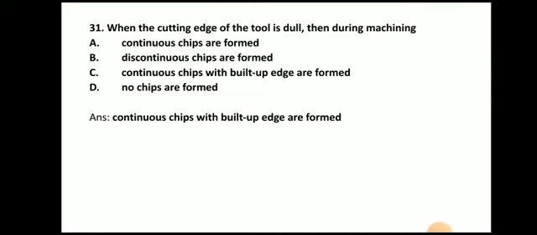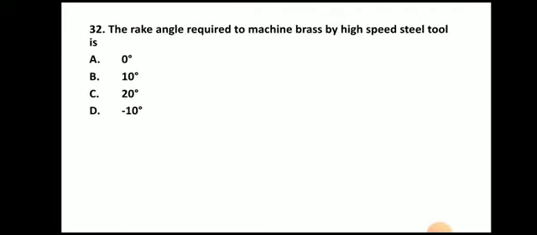Next question. The rake angle required to machine a brass by high-speed steel tool is. The answer is 0 degree. So whenever you machine the brass material, you have to keep the rake angle 0.